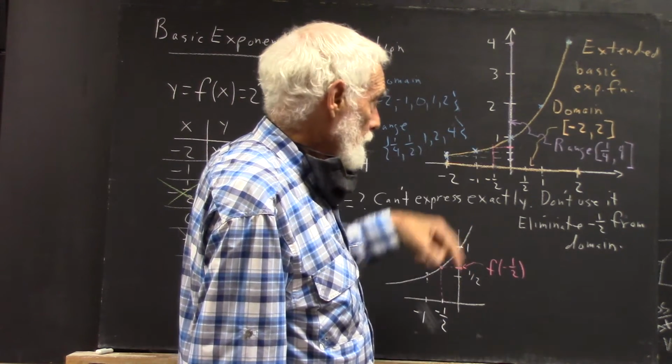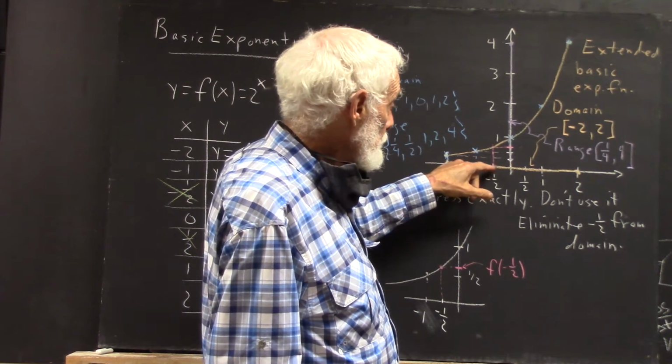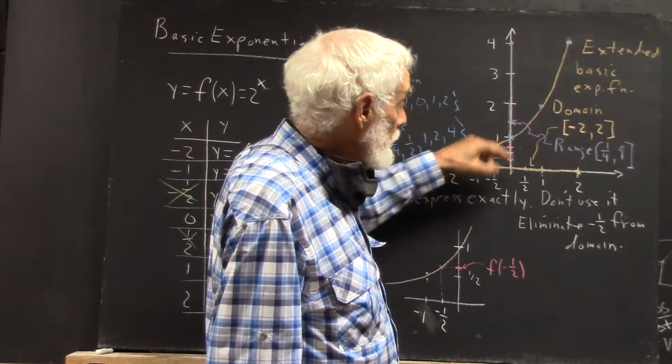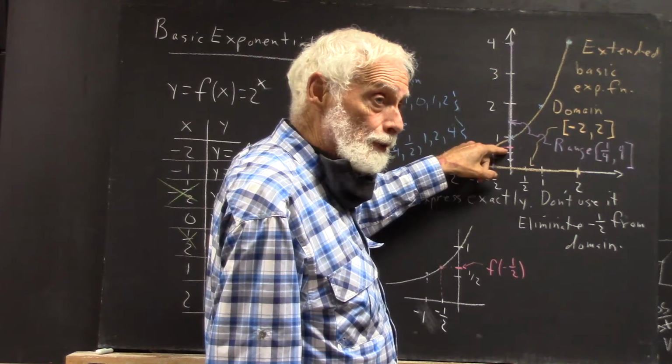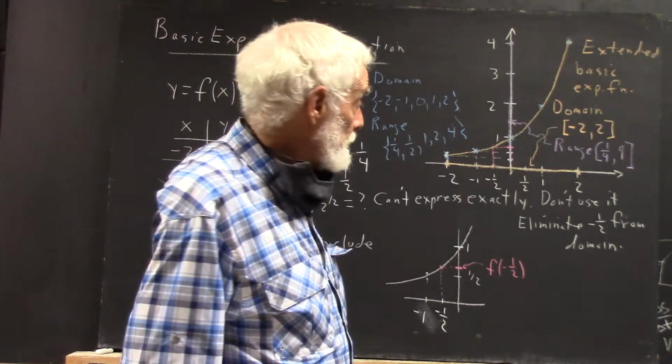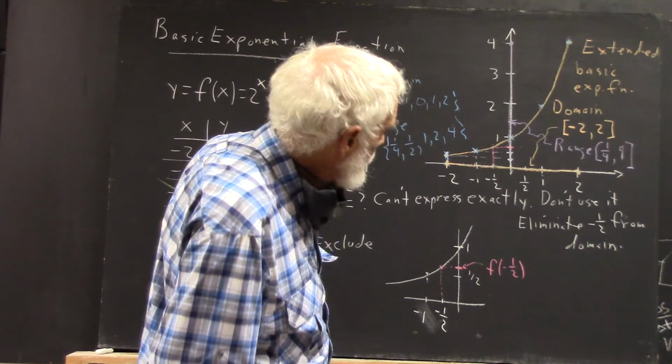To get that y value, we just do a projection. We just go straight up to the graph and straight over to the y-axis, and right there is the position of that value as sketched on this approximate sketch. So we try to estimate that value.